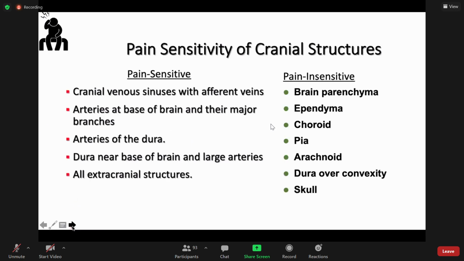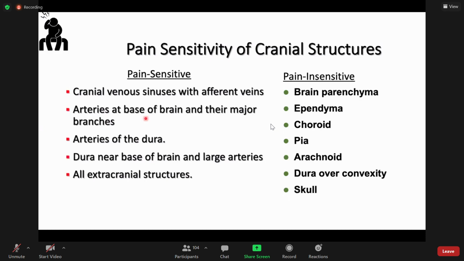All right. Now, headache is pain, and pain has to have some pain-sensitive structures. Since the headache is pain in the head, we have to see what structures in the head are sensitive to pain. On the left side, you can see that the pain-sensitive structures are the venous sinuses and the arteries at the base of the brain, and their major branches.